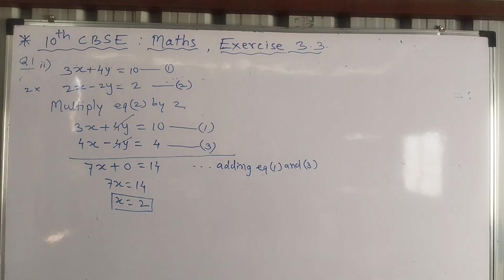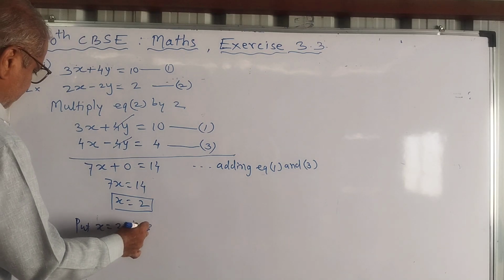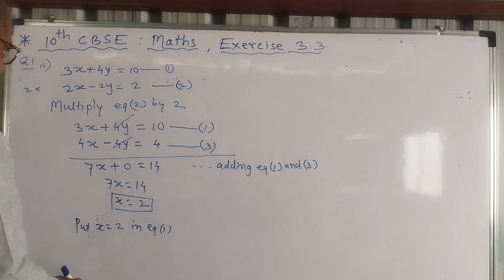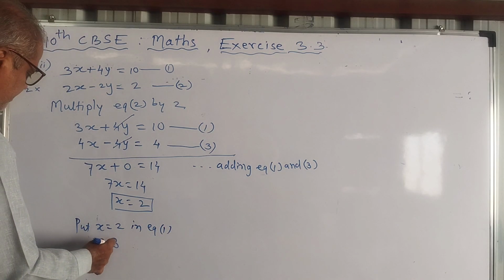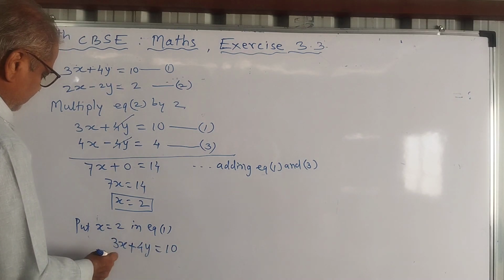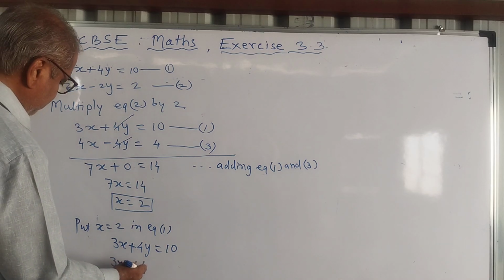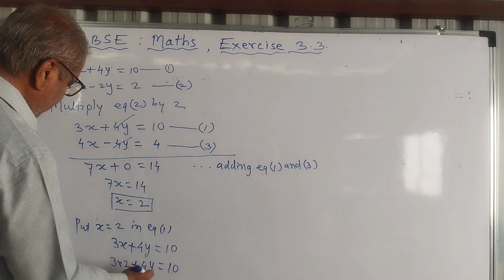Now once we got the value of one variable, put that value in any equation, you will get the value of another variable. So put x is equals to 2 in equation 1, 3x plus 4y is equals to 10. 3x means 3 into x, so 3 into 2 plus 4y is equals to 10.